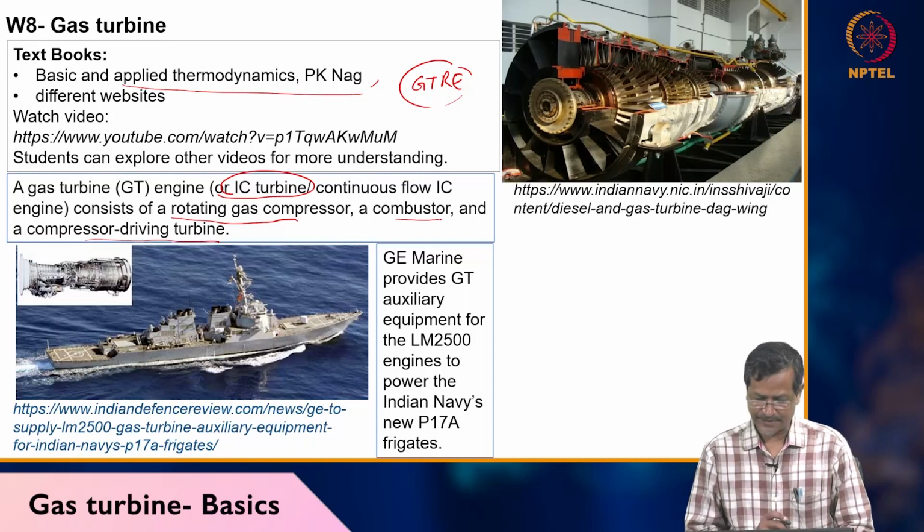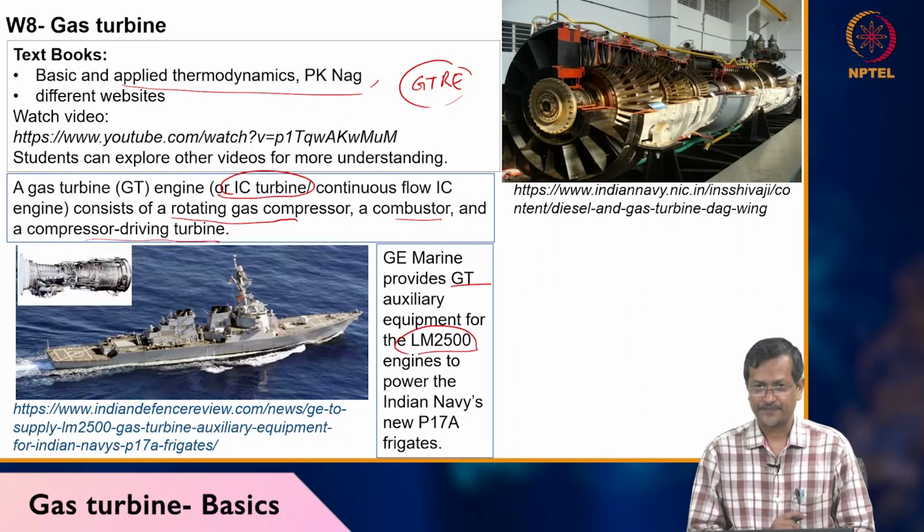Here is one example: GE Marine provides the LM2500 gas turbine to naval ships. GE is a US-based company, producing lots of gas turbine engines for military applications, and other companies also produce them for military and civil applications.